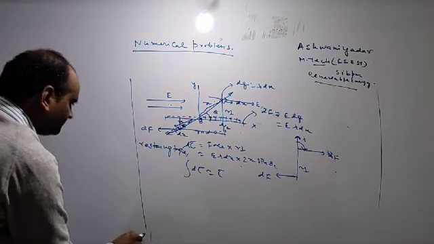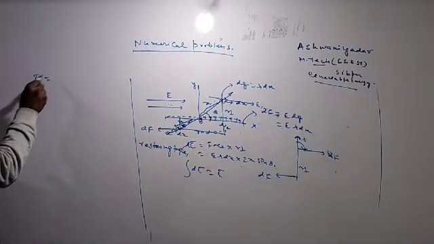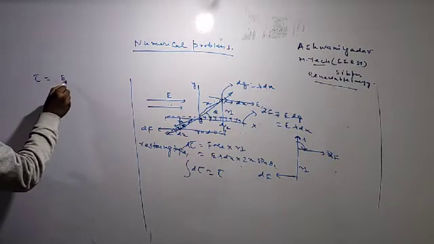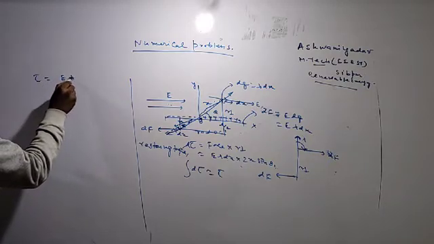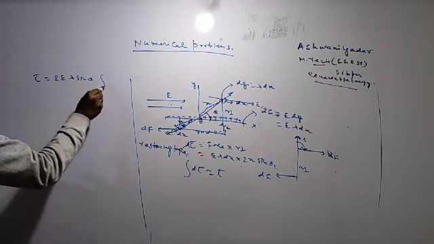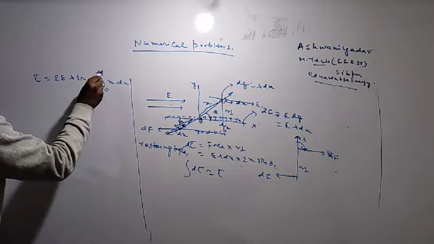Now we have tau equal to E lambda 2 sine theta x dx, from 0 to L by 2.